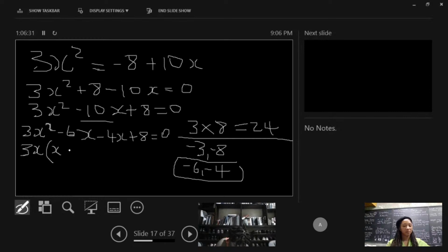And 3x into negative 6x goes negative 2. So it will be minus 2.